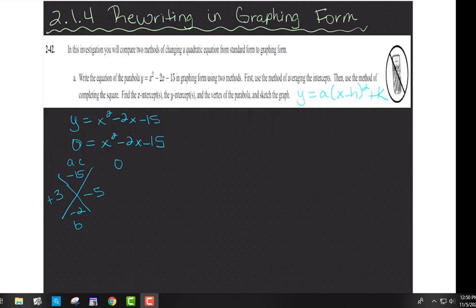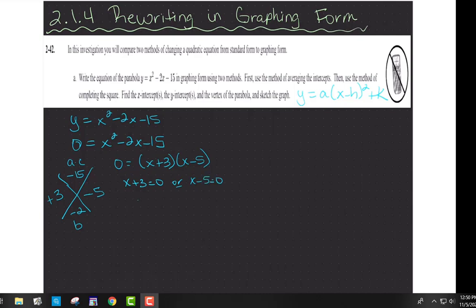So now I have what? 0 equals (x plus 3)(x minus 5). So now I just need to figure out what values of x that works for, right? By that zero product property, one of these two has to equal 0. So either x plus 3 has to equal 0, or x minus 5 has got to equal 0.